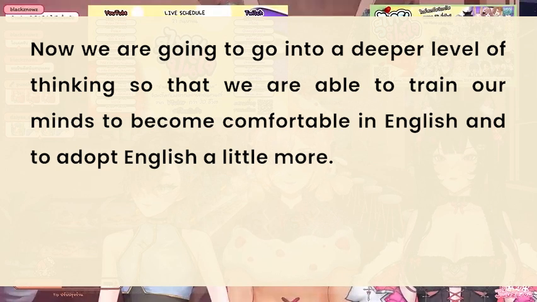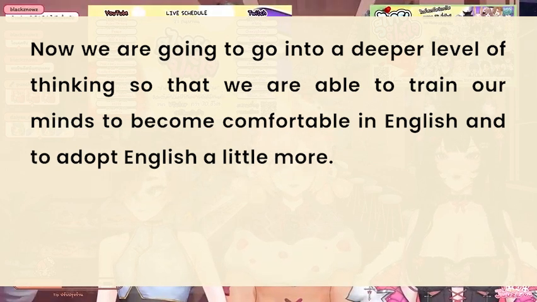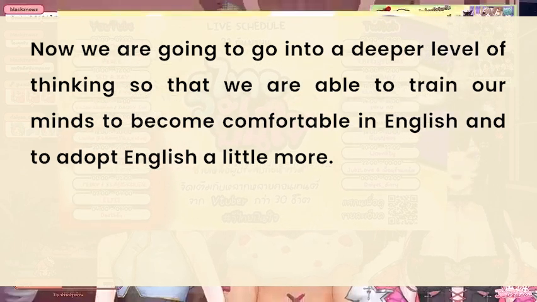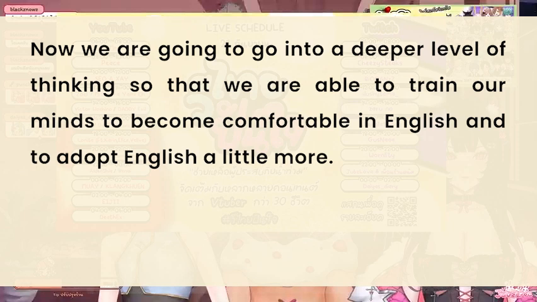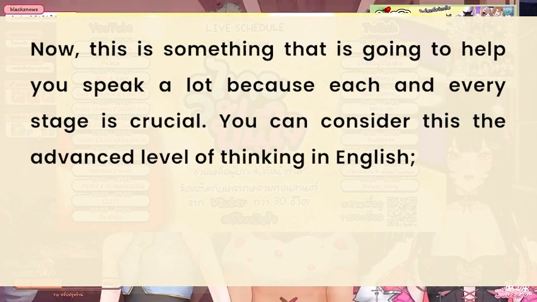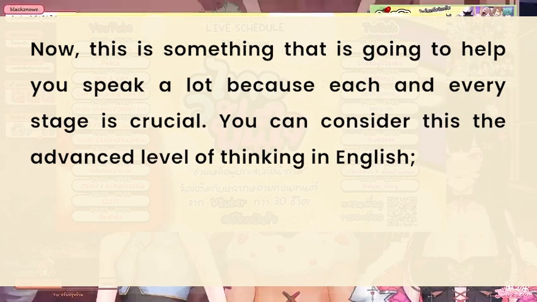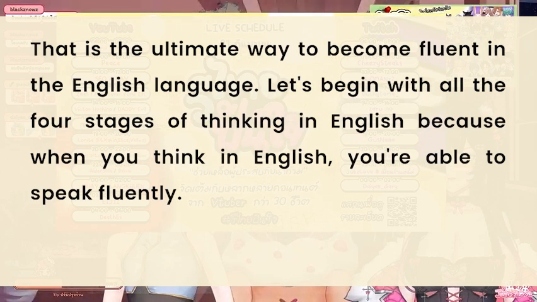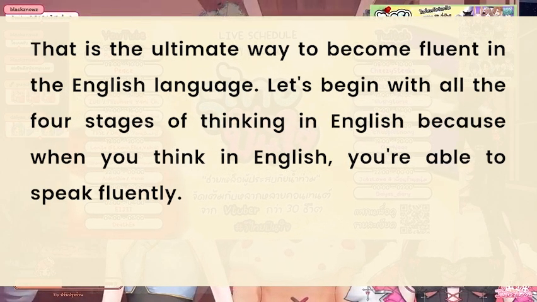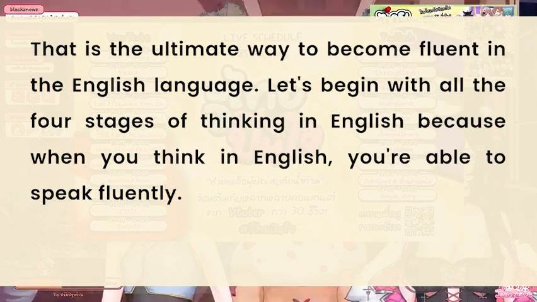Now we are going to go into a deeper level of thinking so that we are able to train our minds to become comfortable in English and to adopt English a little more. Now, this is something that is going to help you speak a lot because each and every stage is crucial. You can consider this the advanced level of thinking in English. That is the ultimate way to become fluent in the English language.